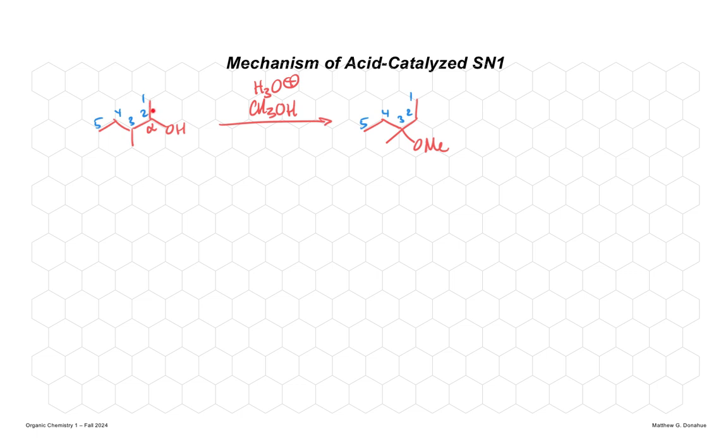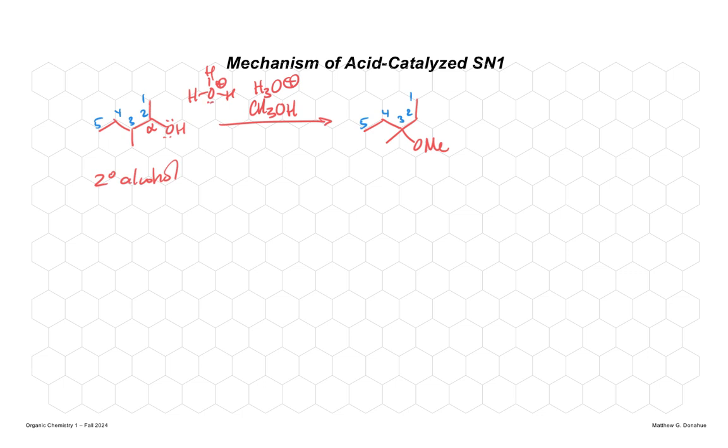I've just numbered the chain in blue according to the nomenclature rules, so that we can keep track of hydrogens, oxygens, that sort of thing. So a secondary alcohol. We're treating that with hydronium, H3O plus.